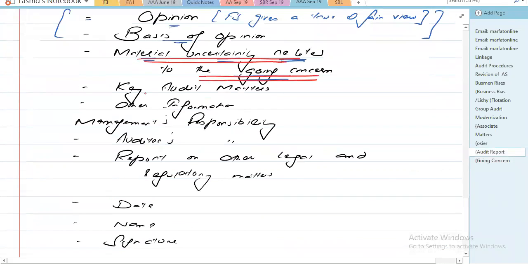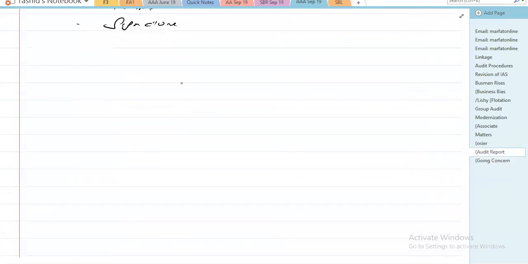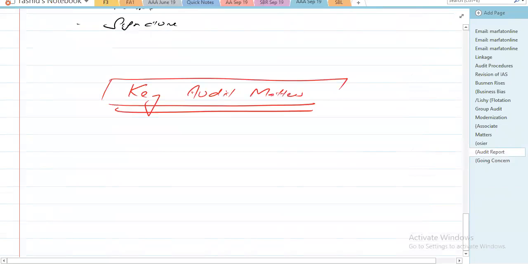We'll be discussing the other three implications later on. And then there are key audit matters, CAM. So let's discuss this. First of all, when the reporting standard was amended, this was a new inclusion.